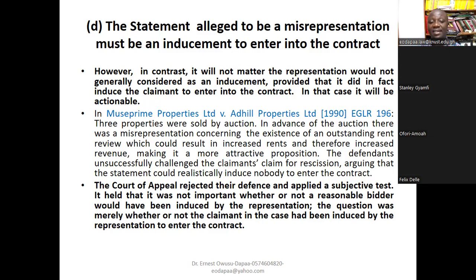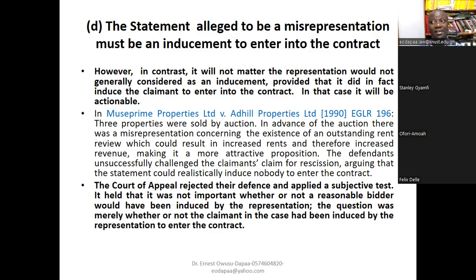The defendants unsuccessfully challenged the claimant's claim for rescission, arguing that the statement could realistically induce nobody to enter the contract. But when the case eventually made its way to the English Court of Appeal, it rejected that defense and rather held that it was not important whether or not a reasonable bidder would have been induced by the representation. The question was merely whether or not the claimant in the case had been induced by the representation to enter the contract.